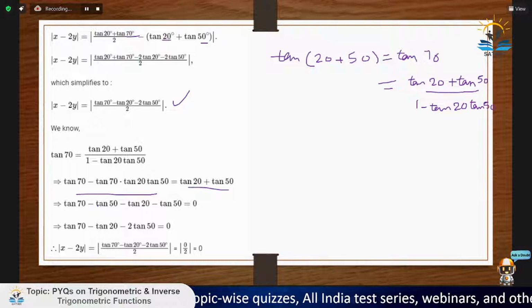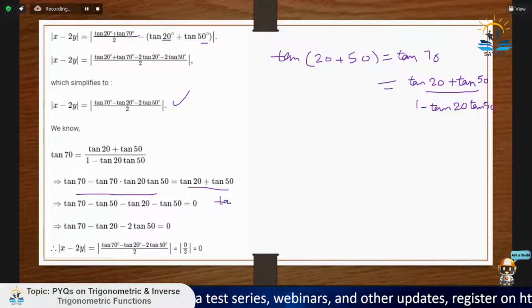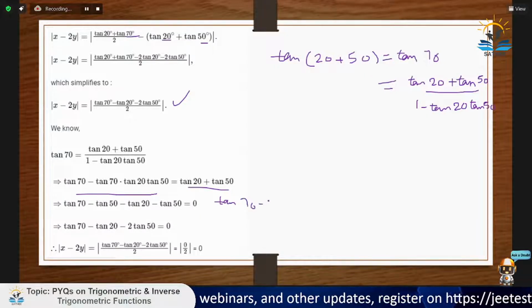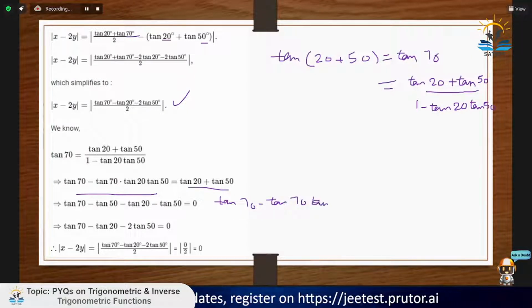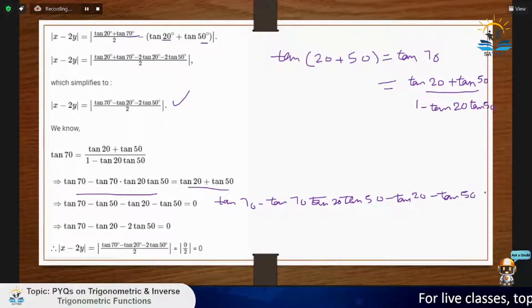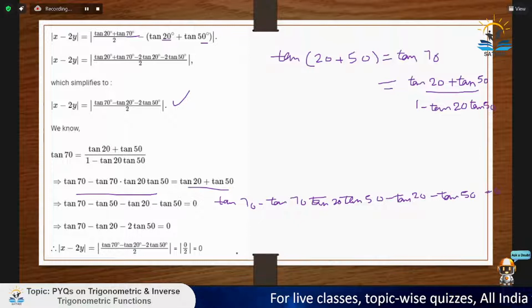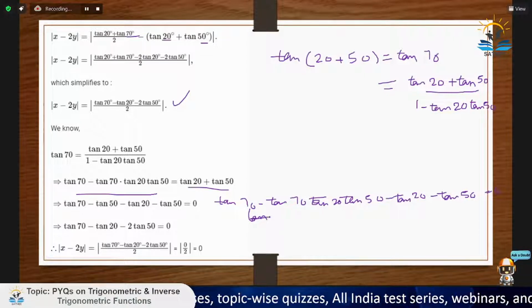You will be getting tan 70 minus tan 70 tan 20 tan 50 minus tan 20 minus tan 50 equal to 0.